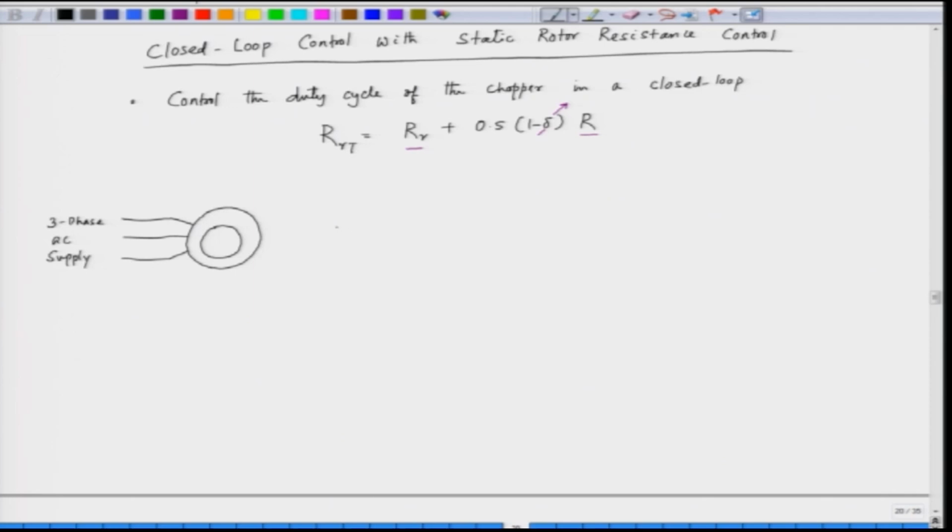And in the rotor we connect a diode bridge like this, and we have this inductor in the DC side, and then we connect resistance here, and we have a transistor chopper which has to be controlled to control this resistance between the A and B terminals.